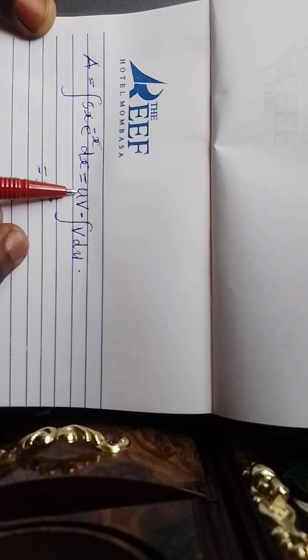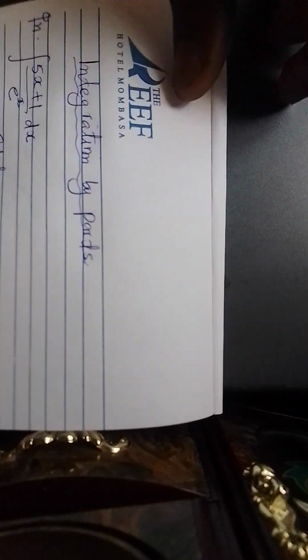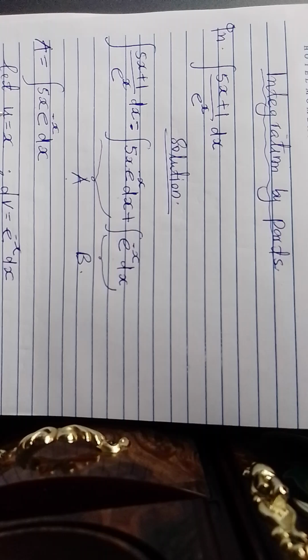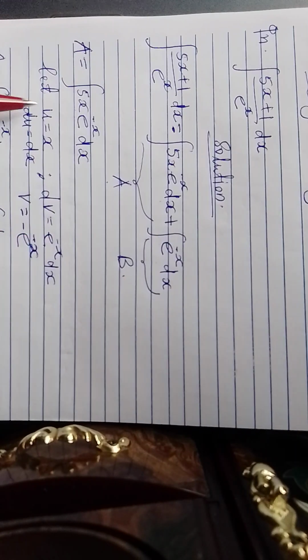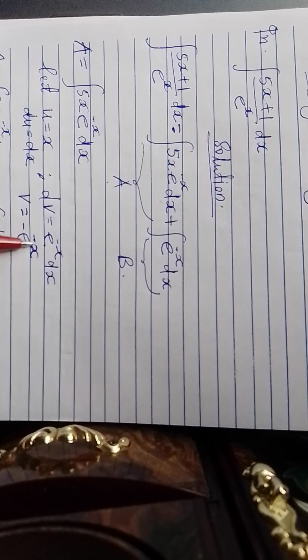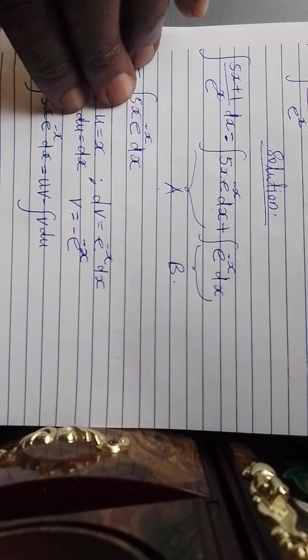So what's our u? Let us just revisit what we said initially. We said that our u is x, then our v is negative exponential raised to power negative x. So our uv, what's going to be our uv?